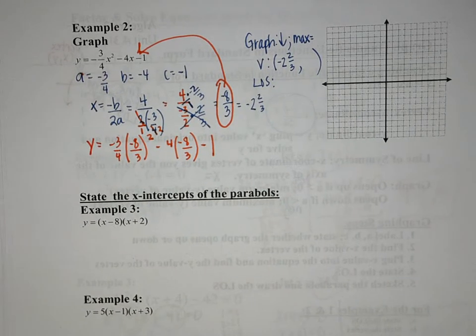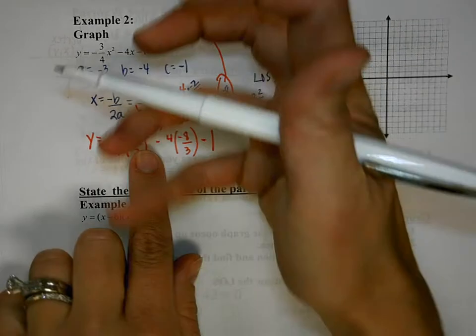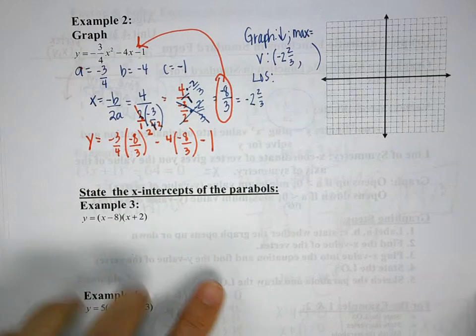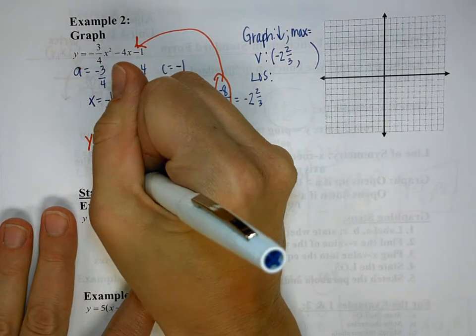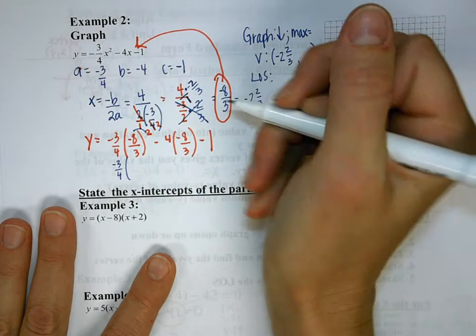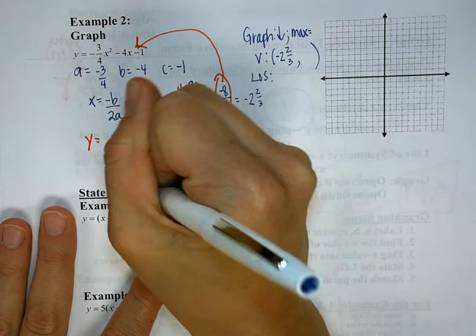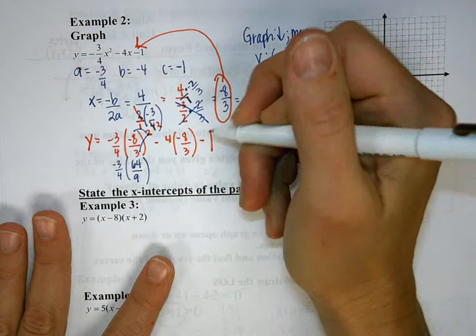Now, what do you think we need to do first in this problem? You want to square this, right? So I'm going to rewrite what I have here. So I still have negative 3/4. And when I square this, negative 8 squared is 64, good. And then 3 squared is 9. Okay?